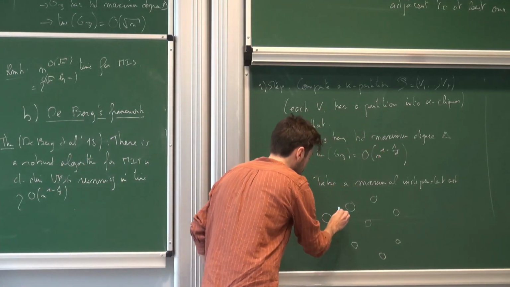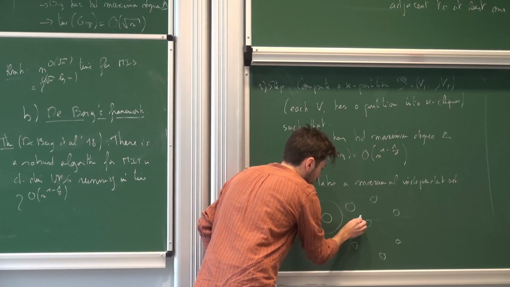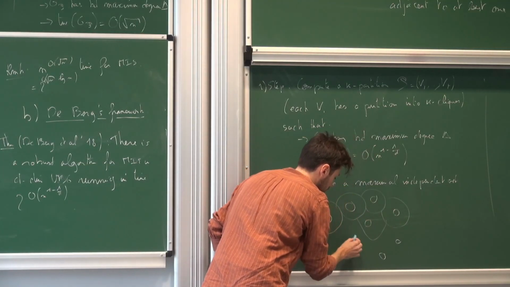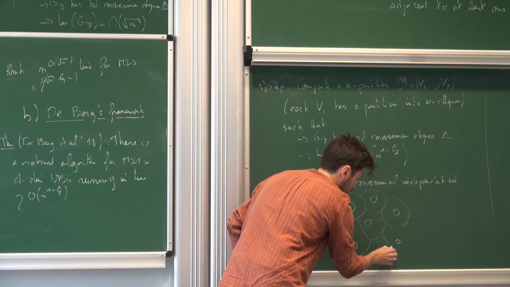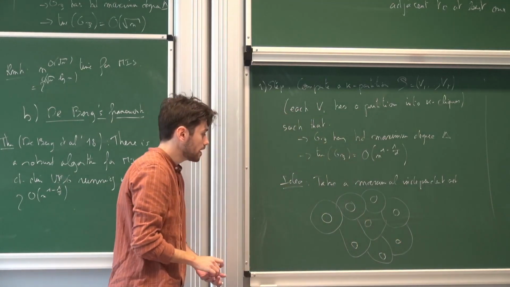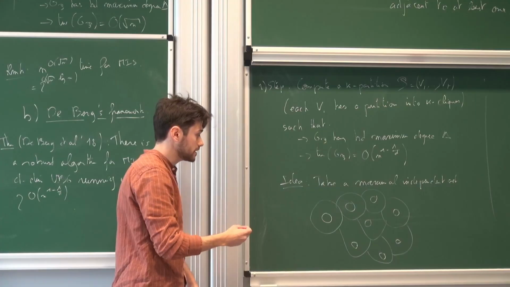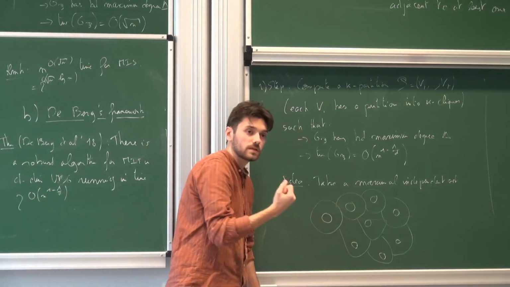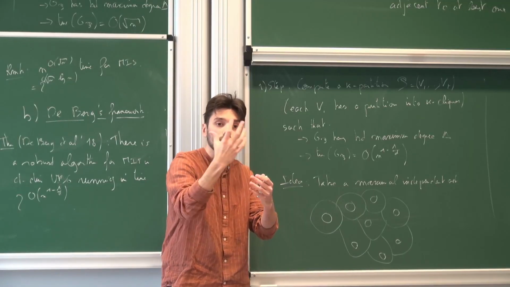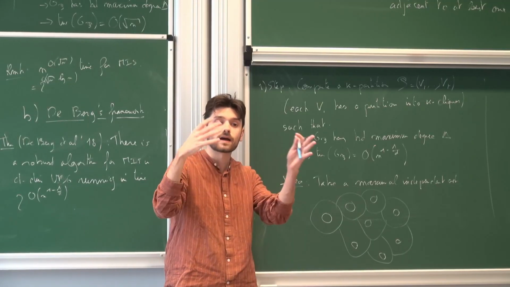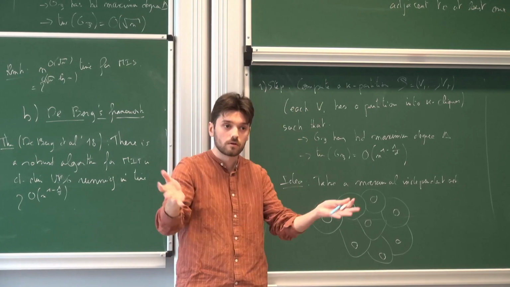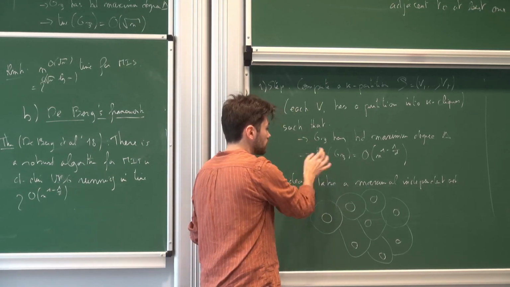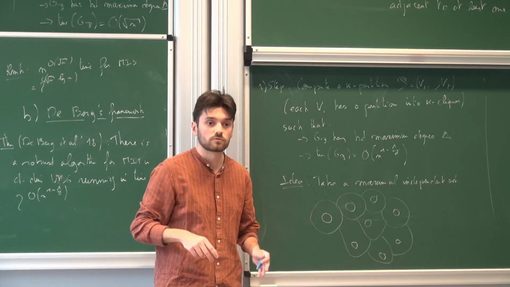It will form a partition of the vertex set by maximality of this independent set. And actually, what you can prove is that since the objects are unit balls, this neighborhood can be composed only of a constant number of cliques, because you cannot pack too many balls inside a ball of bounded radius. And then the tricky part was to prove that the tree width is a kind of square root of n.